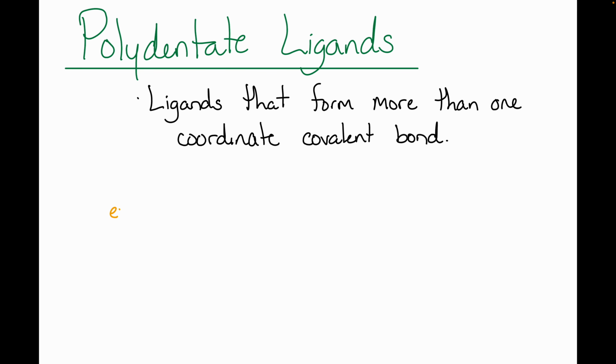All right, so what do I mean by that? One of these examples from our list here is what was called ethylene diamine. We just abbreviate it EN in our name.